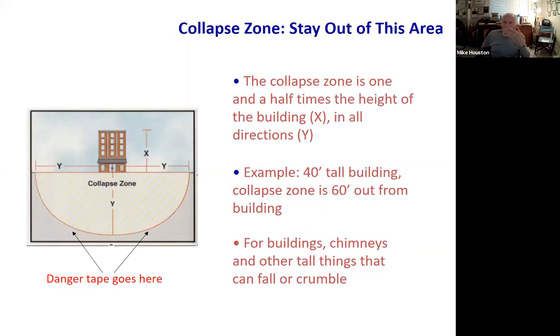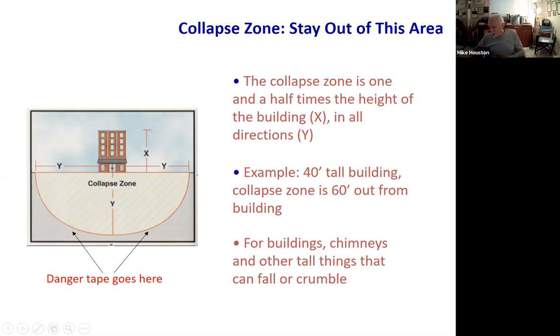Okay, earlier on, I talked about one of the things you take into consideration, which is how close you are to the structure that is damaged. The reason that I brought that up is because there's a collapse zone 1.5 times the height of the structure itself.